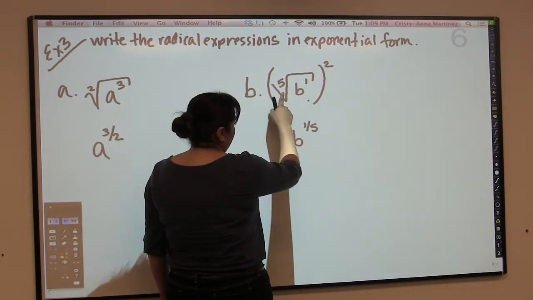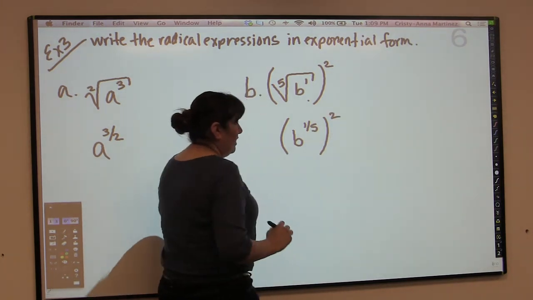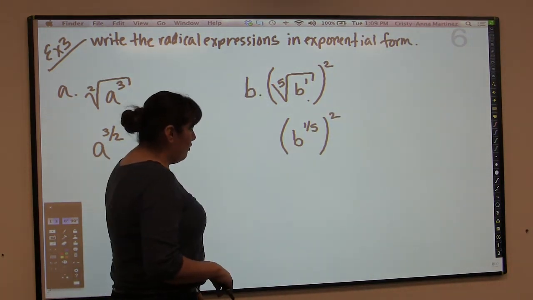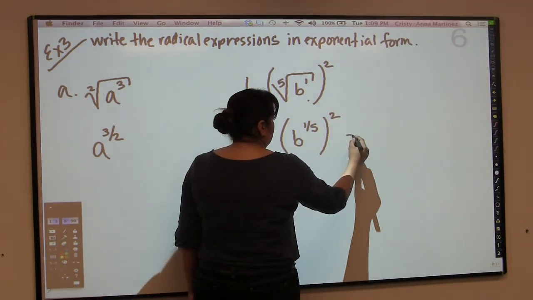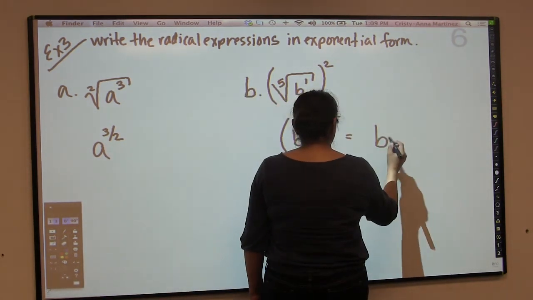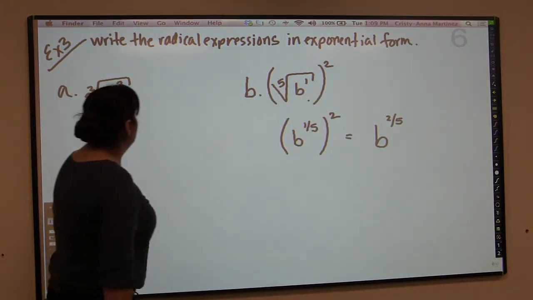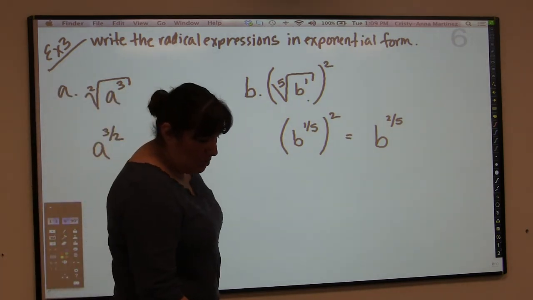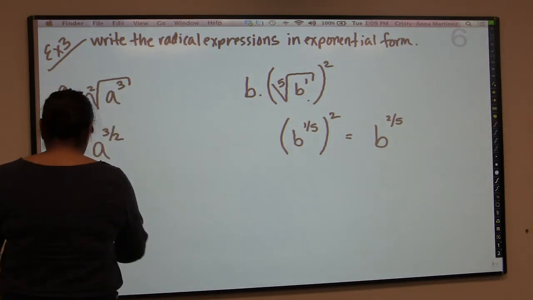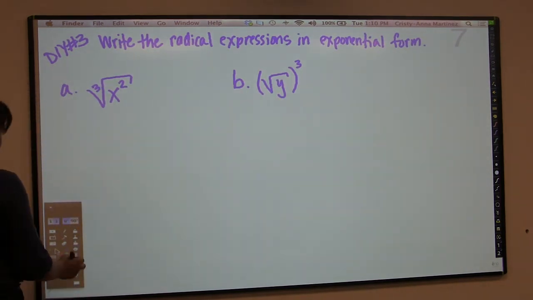That number goes on top, index goes on the bottom. And then I have a square out there. And again, you will recall from before that the property of exponents says if you have a power raised to a power, you multiply them. So at the end of the day, this is b to the 2/5 power. Awesome. So now we are going to let you try those.